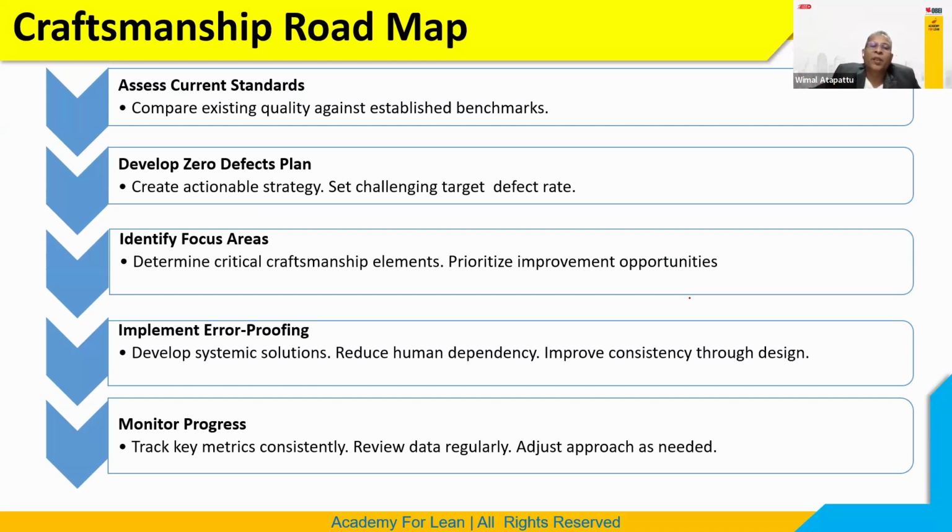Even though the customer is not detecting the minor defect, how do we detect these minor defects and consider them major defects internally as a separate line item, and address them and reduce them gradually. There should be a plan to reduce those defects. How do you do that? We identify the top 3 defects and focus on those.